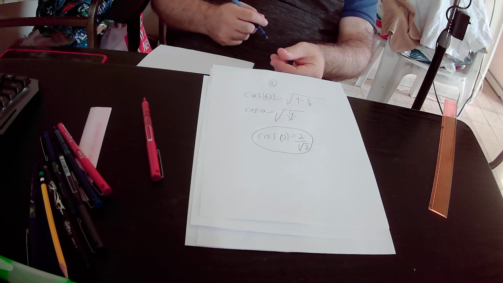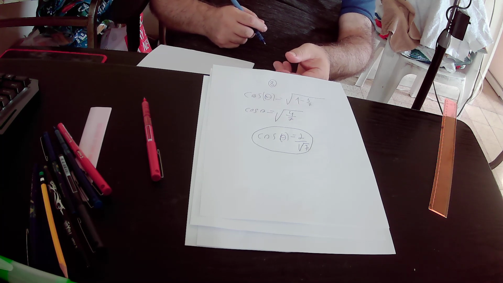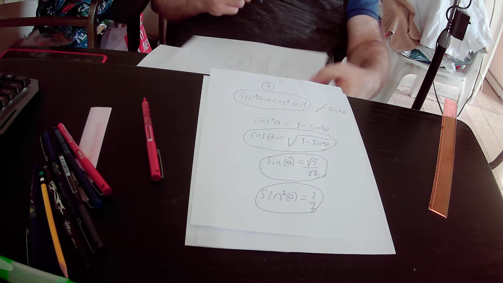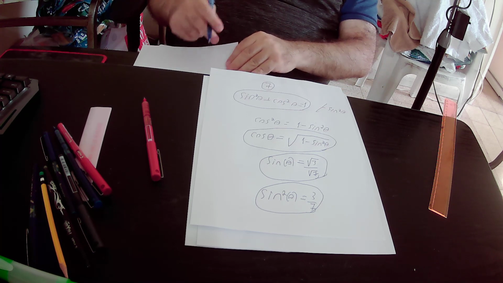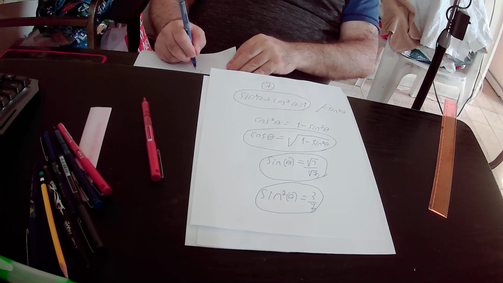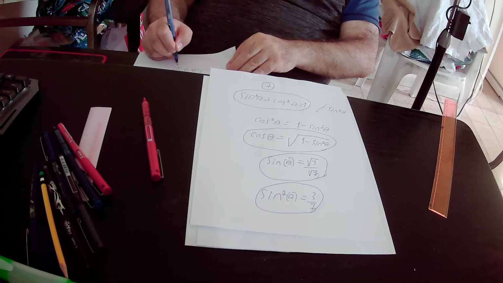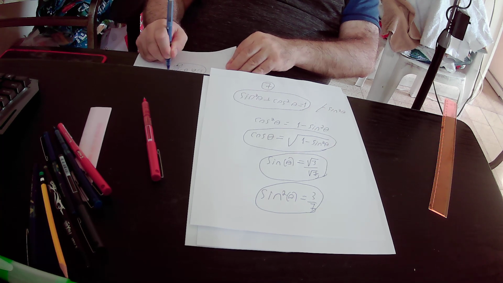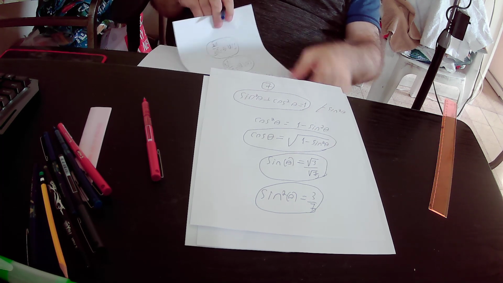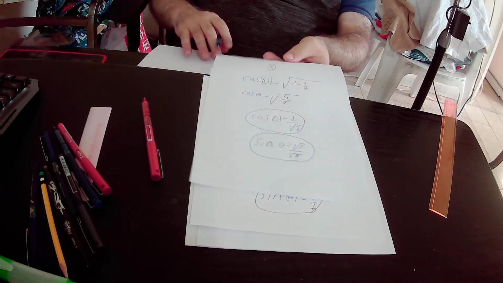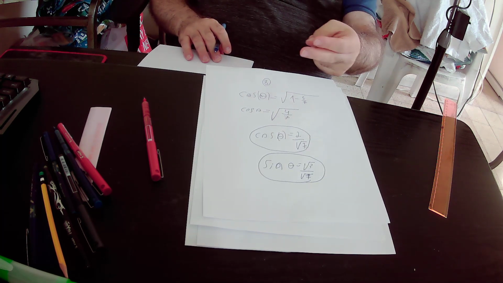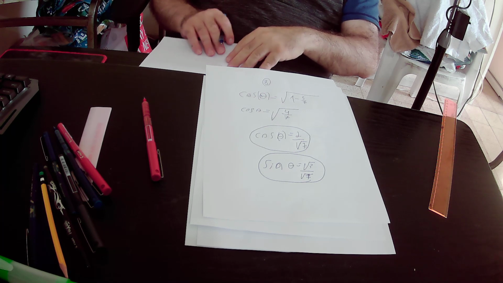And we have already found out that sine theta equals root 3 over root 7. Okay, so we found the value of cosine theta and the value of sine theta.